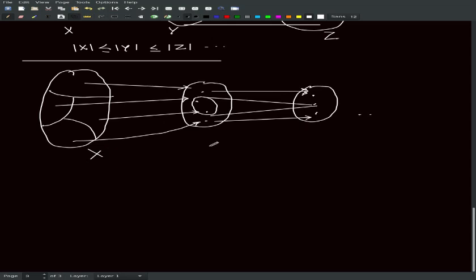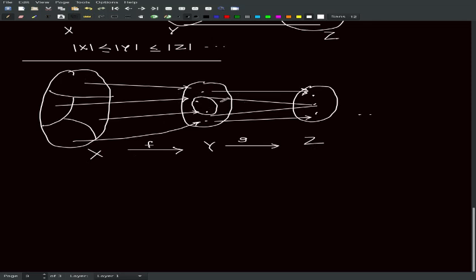So X, Y, Z. Now you have surjections. So the composite is actually gluing. What is this composite doing?